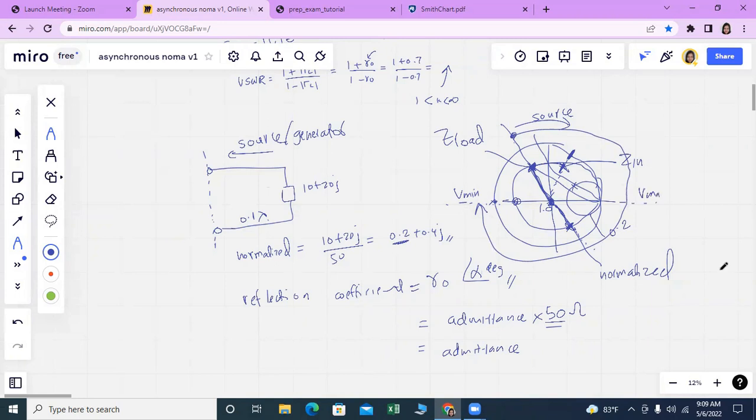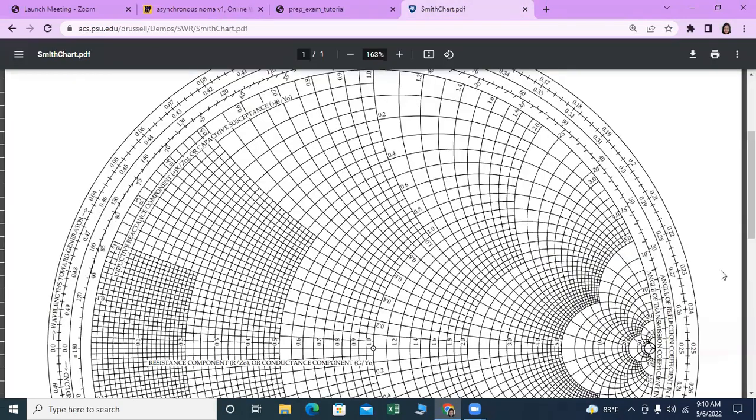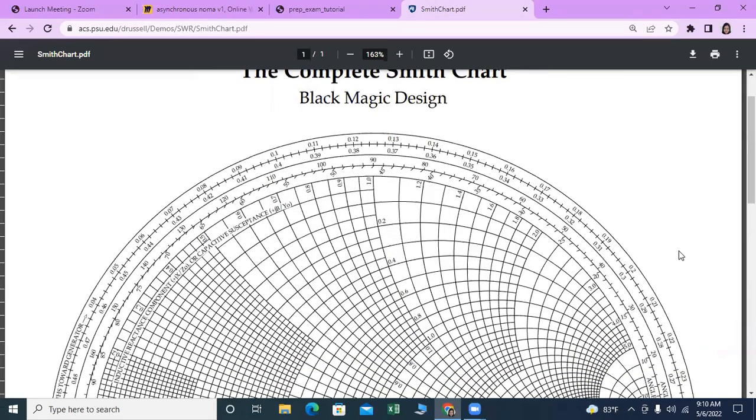Voltage maximum occurs here where the open circuit happens, and you have to find the distance from the load point towards this maximum voltage point using the scale in the Smith chart, in terms of wavelength, lambda.